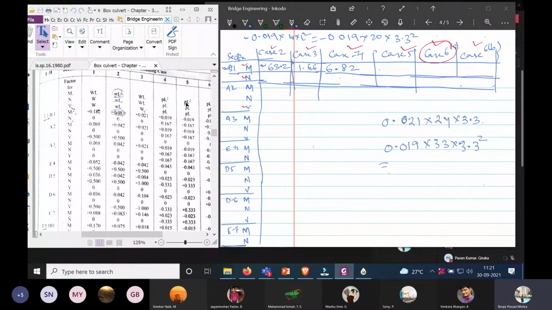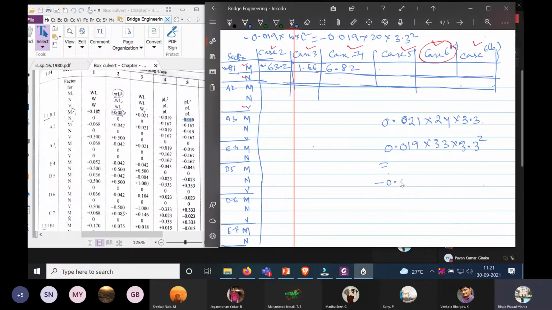Case 5, and we are calculating the moment. Here the coefficient is minus 0.019 into, what is the load for case 5? For case 5, the load is the effect of soil pressure on the vertical sidewall.